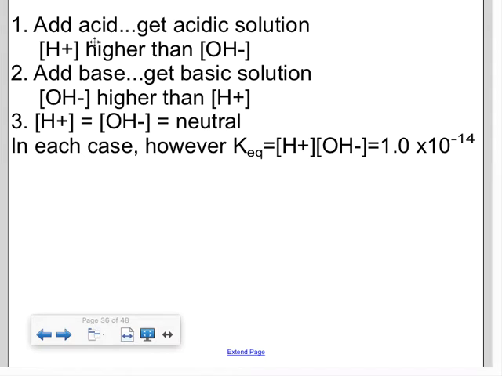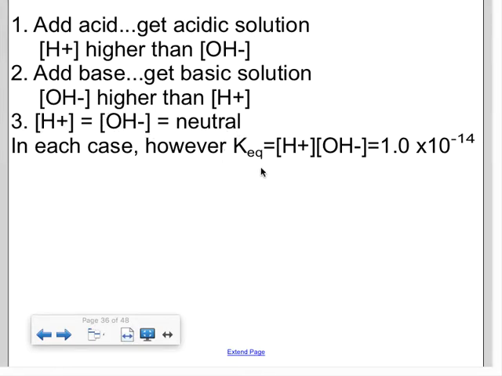If you add acid, you get an acidic solution: your H plus or H3O plus is higher than your OH. If you add a base, you get a basic solution: hydroxide is higher than your hydronium. If the concentrations are equal, you get a neutral solution.